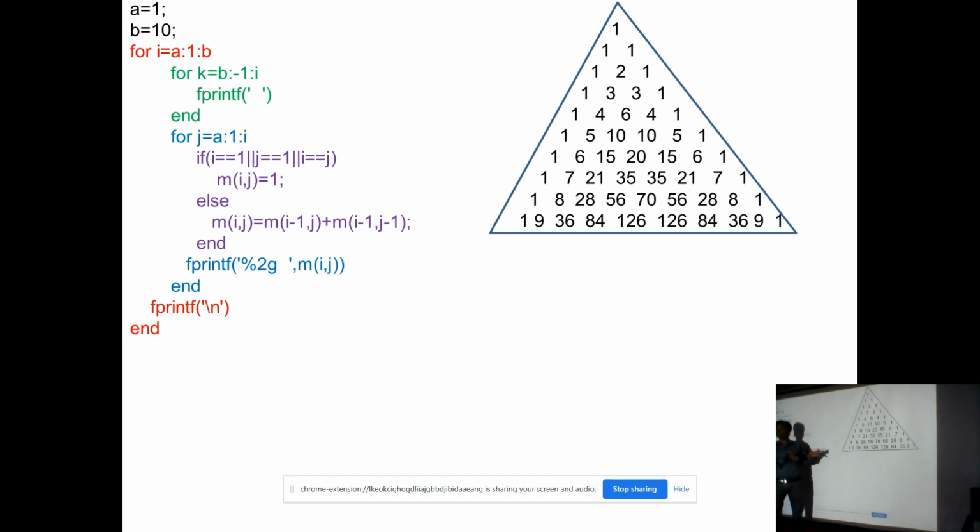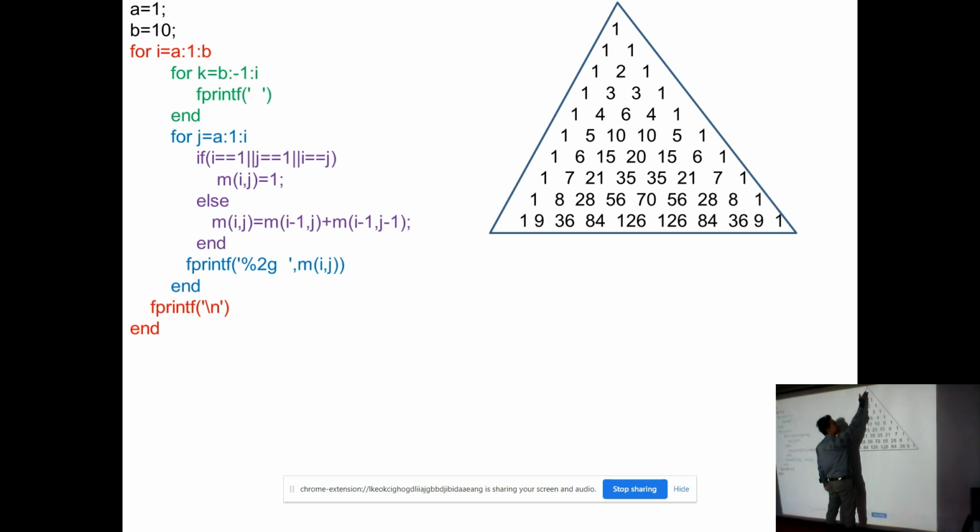So if I assume this entire table of numbers in the form of matrices of rows and columns. Now if my i is 1, j is 1, or i equal to j, my m of ij is equal to 1. Let's assume i as my row vector, j as my column vector. If my row is 1, it should be 1.